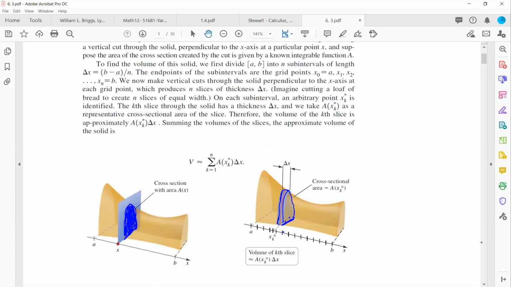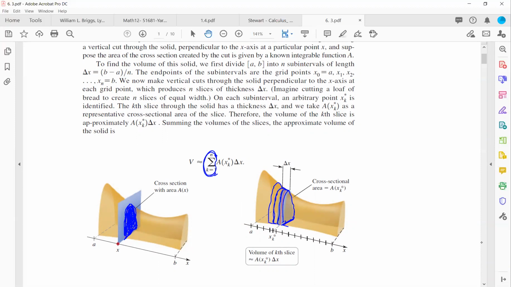And if you continue forming the rest of these slices, multiplying by their delta X's and add them together. So we're using sigma, remember Riemann sum, adding these multiplications, these small volumes.